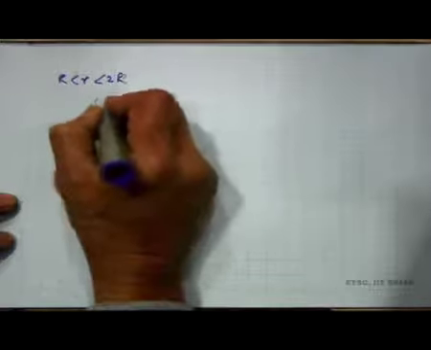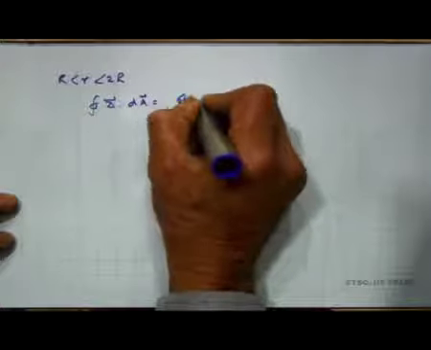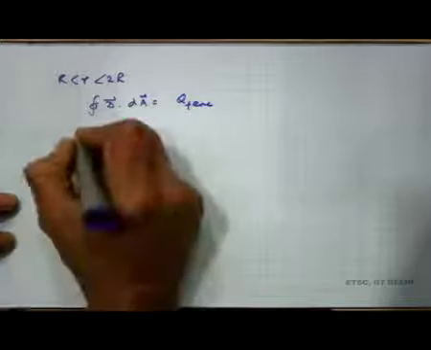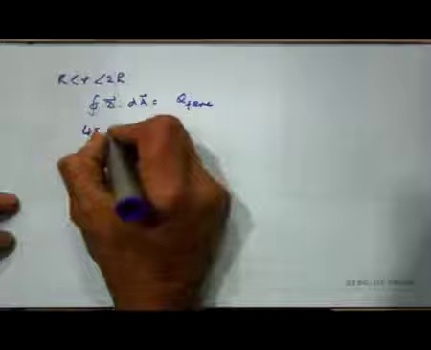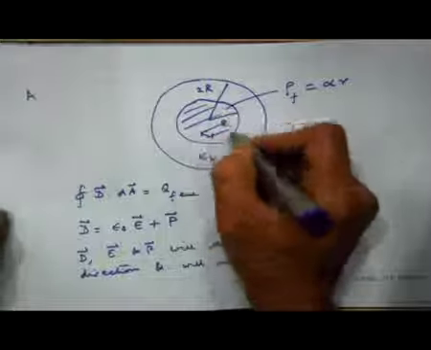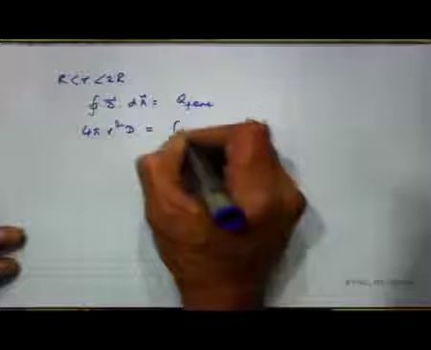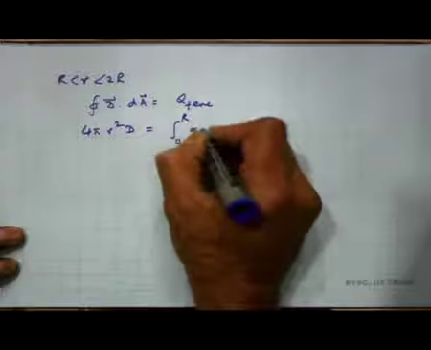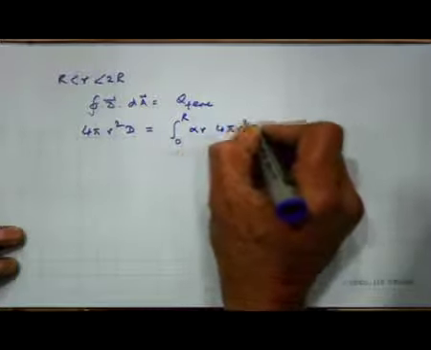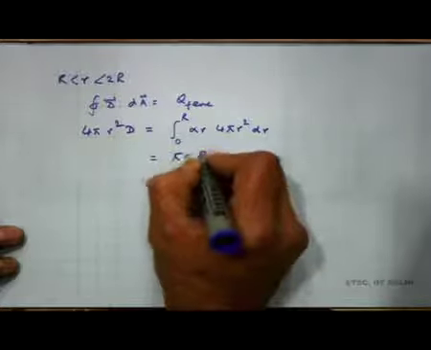Again I will use the formula D dot dA is equal to Q_f enclosed. So, I get 4 pi r squared into D is equal to, now please remember the free charge is enclosed only within the inner sphere. So, I will get integral 0 to capital R of alpha r 4 pi r squared dr, which is nothing but pi alpha R to the power 4.